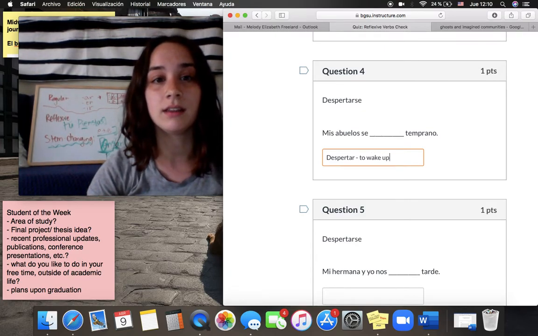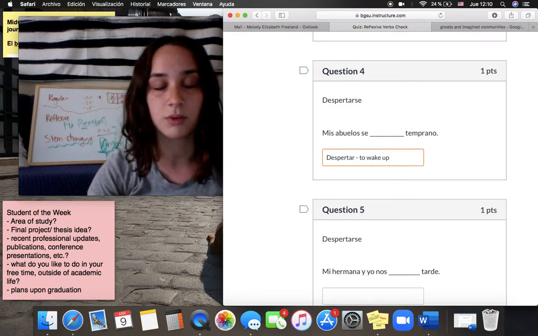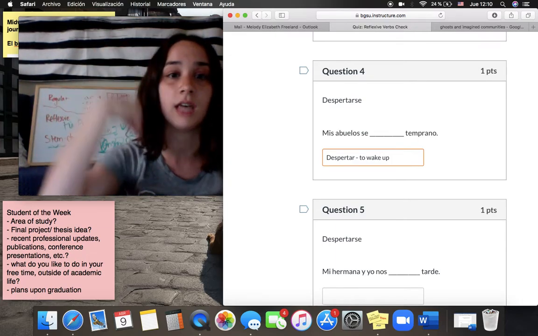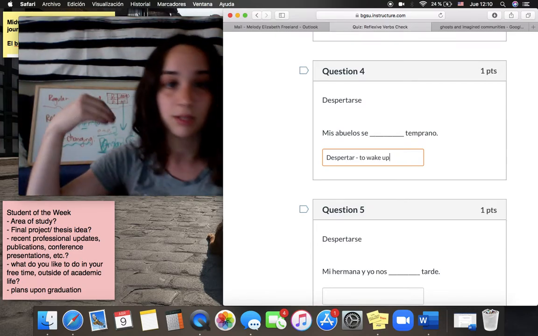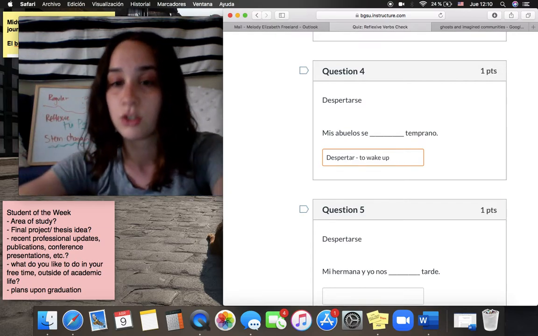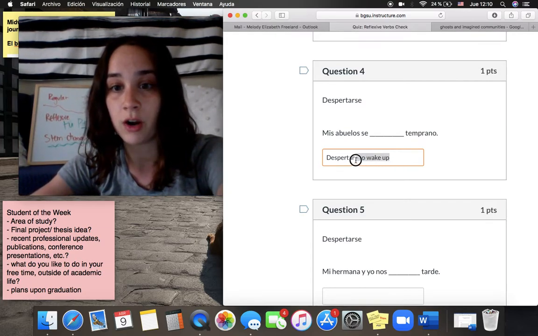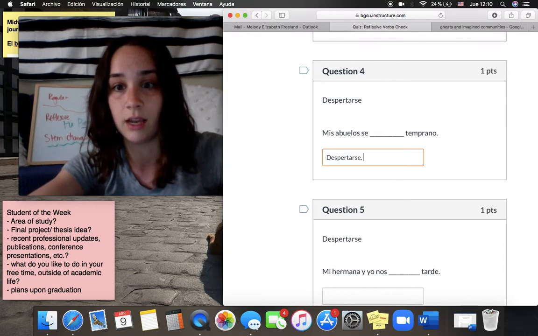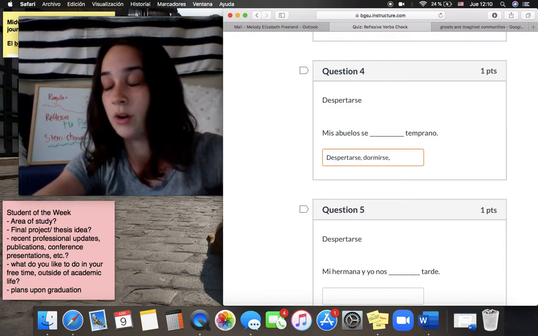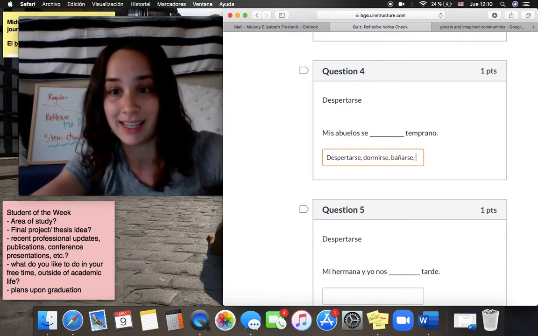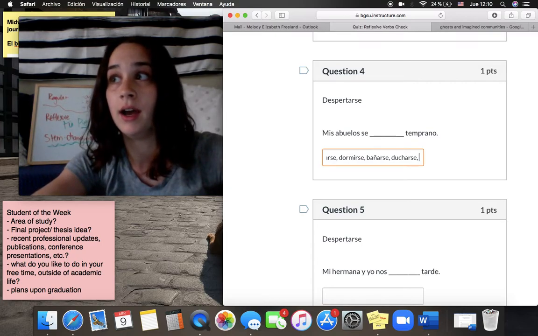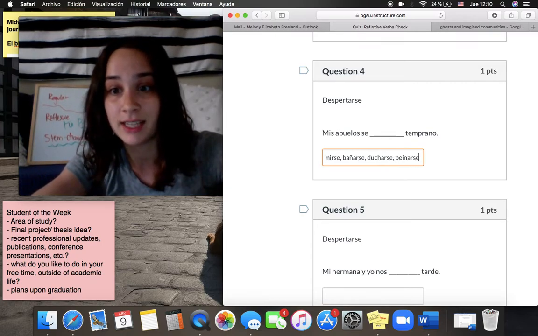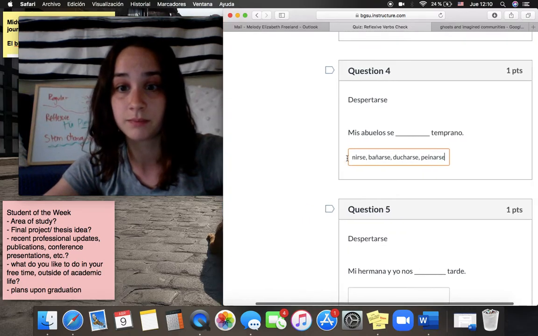So the difference here is that reflexive verbs mean you do it to yourself. That's what the reflexive part means. Reflexive meaning I do it to myself. Okay? So, whenever we use verbs like despertarse or dormirse or bañarse, to take a bath, or ducharse, to take a shower, or peinarse, to brush your hair, right?